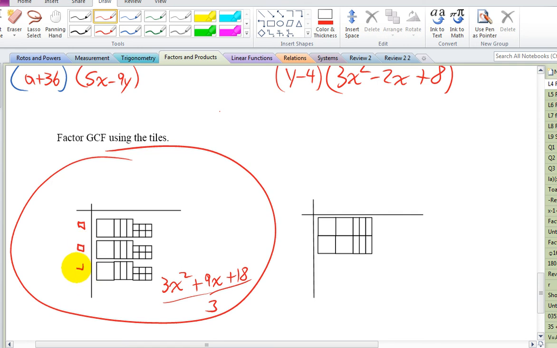Okay, it doesn't quite make sense. Okay, and then your answer would be x squared, okay, plus how many x's? 3x. Plus 6. Okay, so it's kind of weird, isn't it?